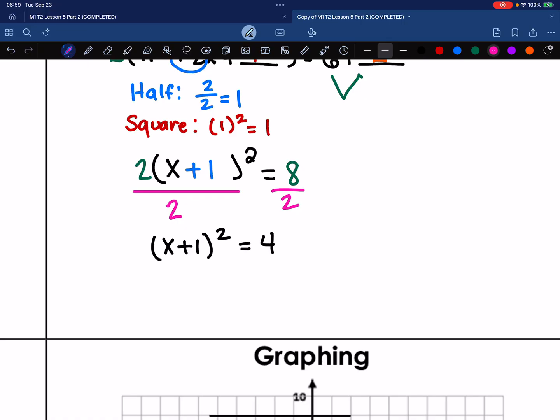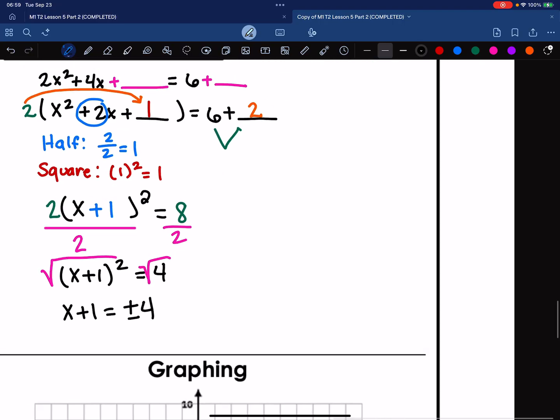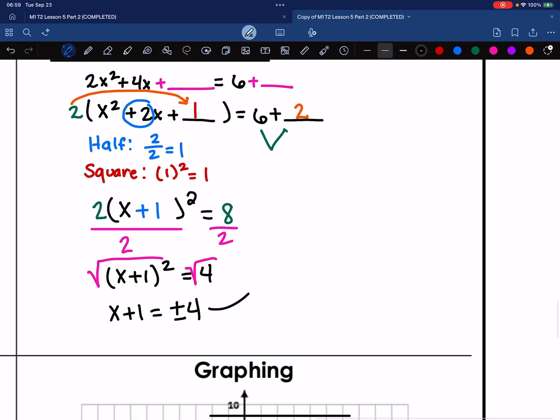Then we can go ahead and square root both sides. And so when we do that, we get x plus 1 equals plus or minus 4. So we do need to split this into two separate equations. So we have x plus 1 equals 4. x plus 1 equals negative 4. To solve, we're going to subtract 1 from both sides.